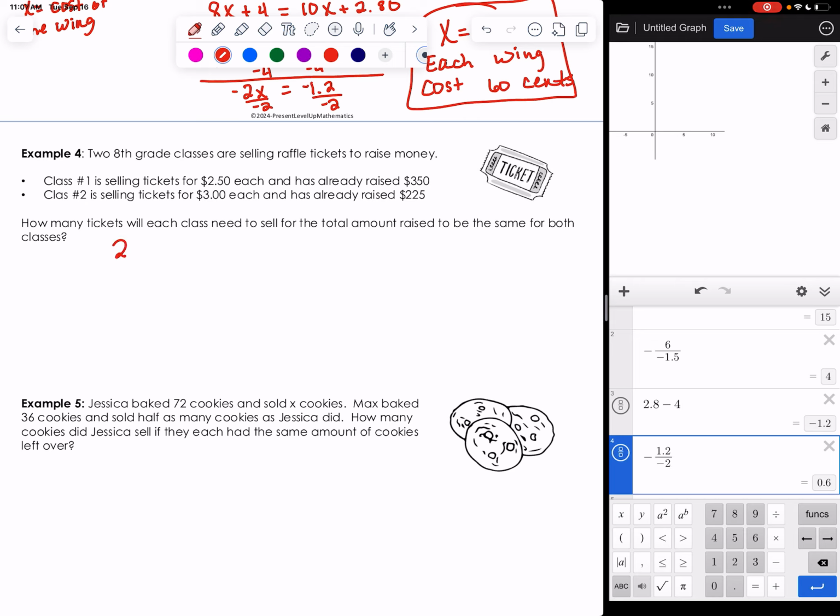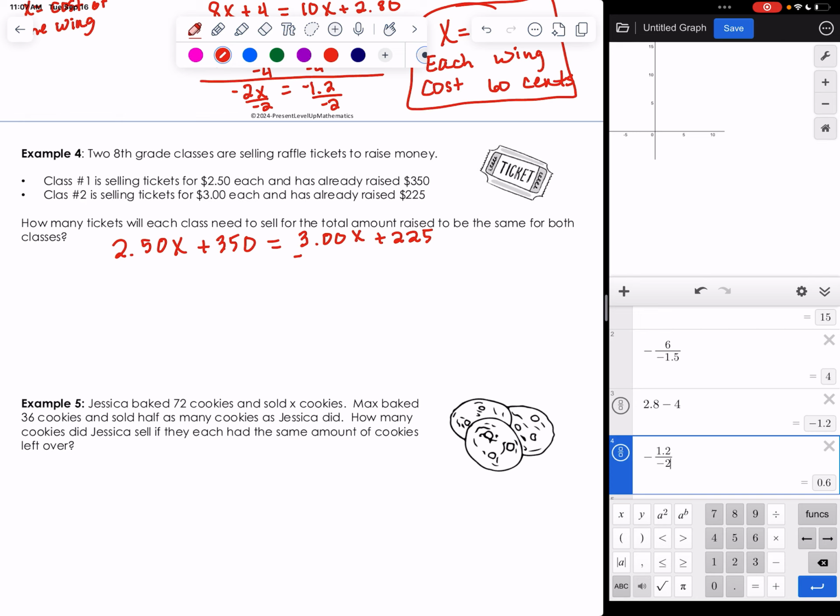They're selling the tickets at $2.50 each, so 2.50x, and they've already raised $350. The other class is selling tickets for $3 each, and they've already raised $225.